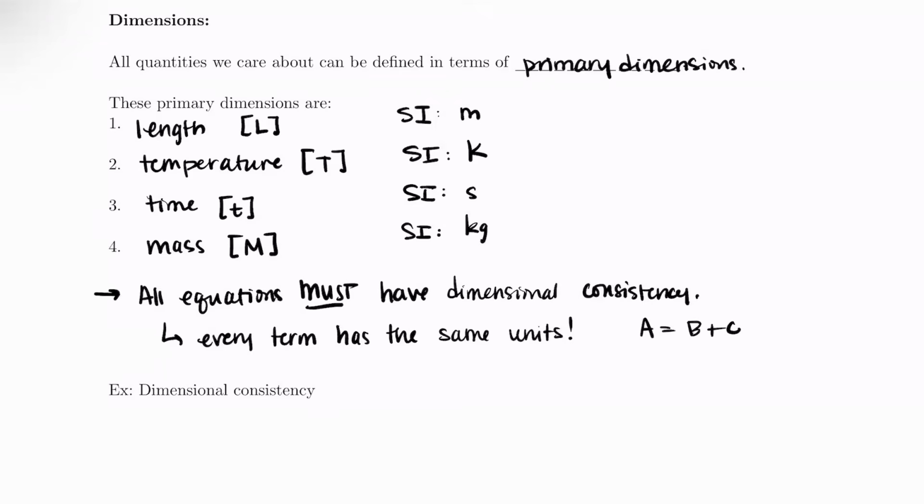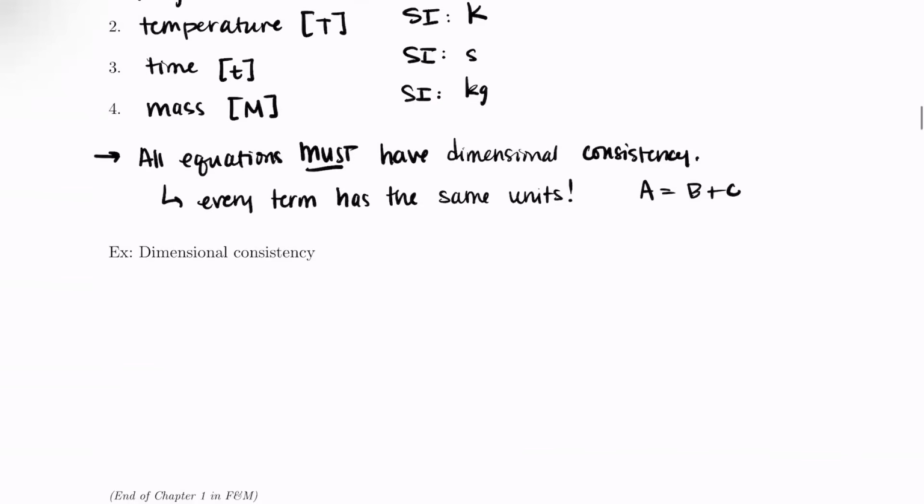Okay, so let's do a quick example. I'm going to use the Bernoulli equation. Our Bernoulli equation is that pressure divided by density plus velocity squared over 2 plus g times z is equal to a constant.